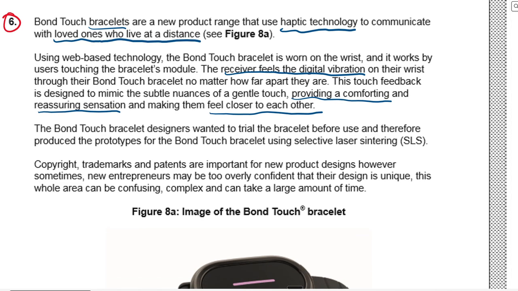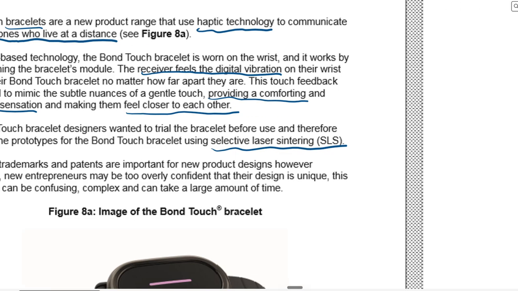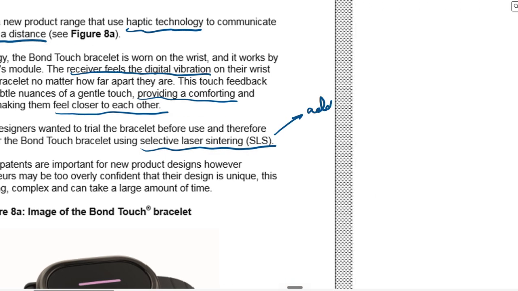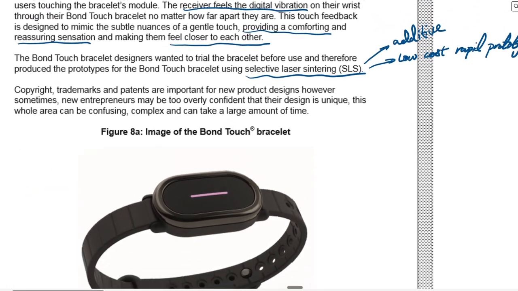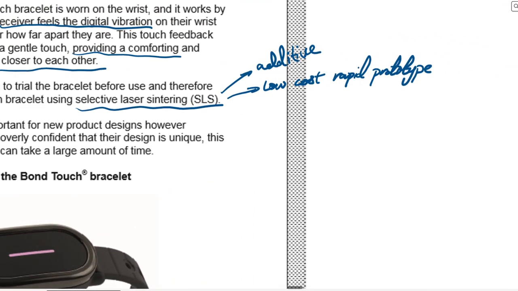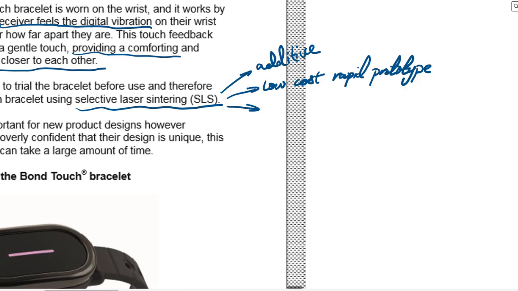Bond Touch bracelet designers wanted to trial the bracelet before use and therefore produce prototypes using SLS. Okay, so this is part of our question. We can say it's an additive process, 3D printing, just a different type of 3D printing. So additive, it is low cost since it's for prototyping. Low cost, rapid prototyping. Now you can't use FDM or something like this, as this would need supports.